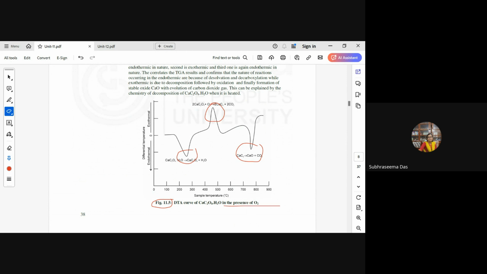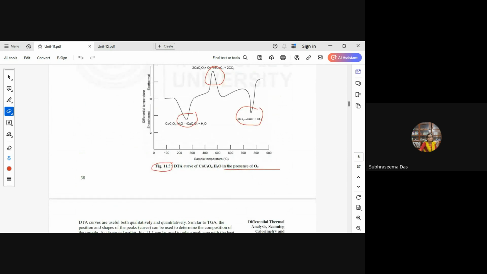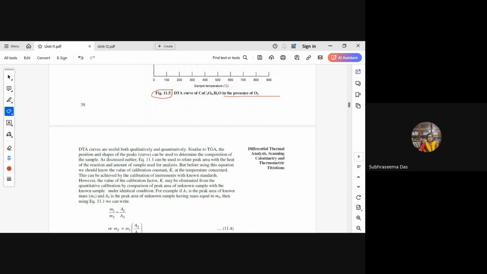Since an oxygen atmosphere is maintained within the instrument, it forms calcium carbonate, 2CaCO3. In the third step, this calcium carbonate undergoes decomposition at around 750 to 800 degrees centigrade to form calcium oxide and carbon dioxide. So from this plot in figure 11.5, we can know the thermochemical and physical changes occurring inside the DTA in the presence of oxygen over the temperature range of 100 to 900 degrees centigrade.